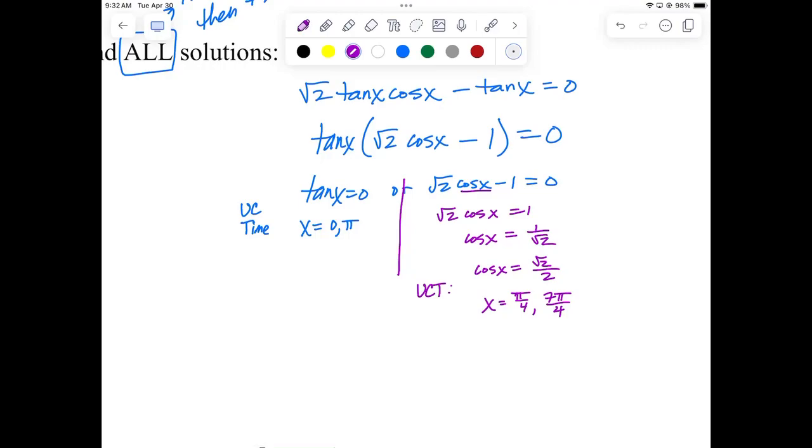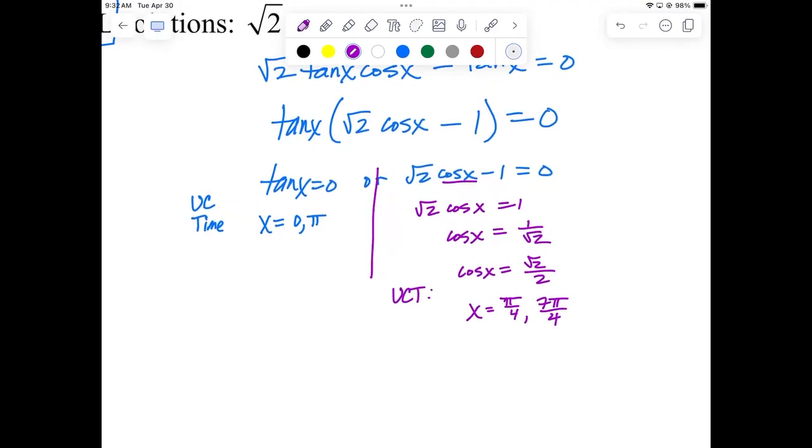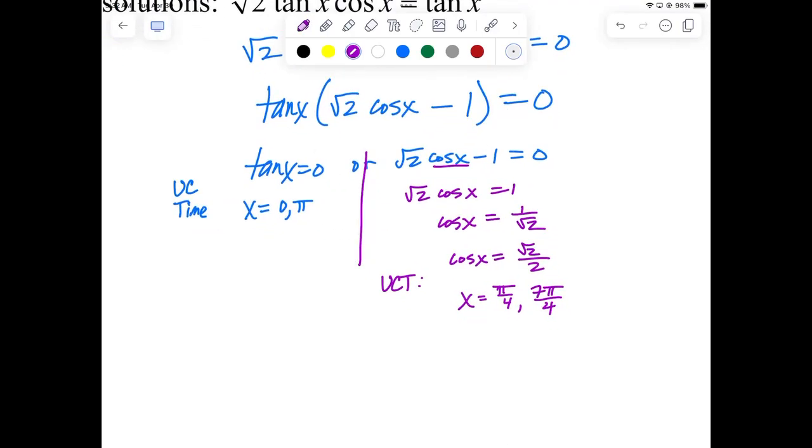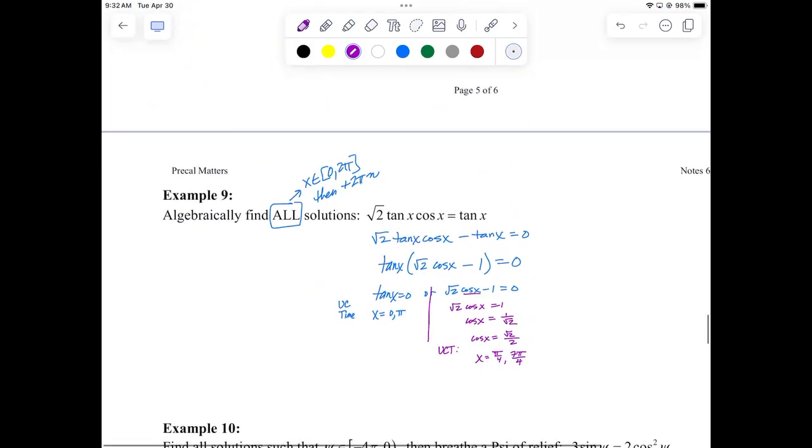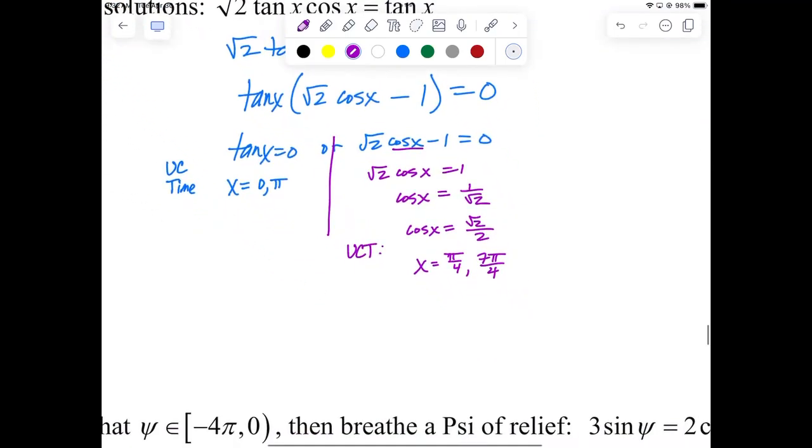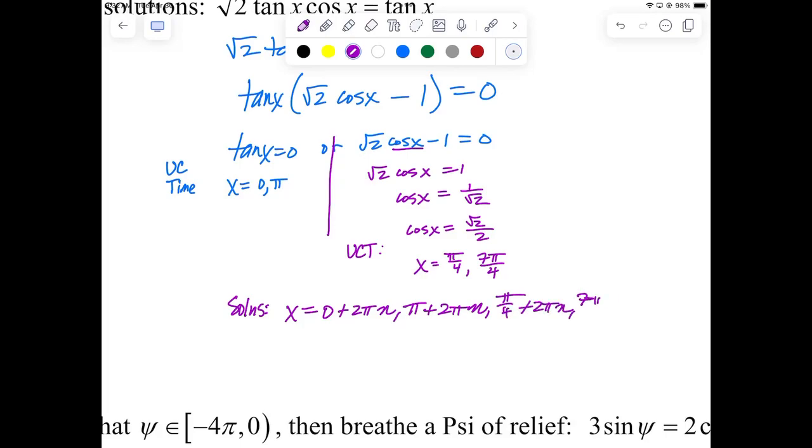So notice I have 4 solutions within one rotation. I wanted all the solutions, right? So that's easy now. I could say the solutions are going to be x equals 0 plus 2 pi n, pi plus 2 pi n, pi fourths plus 2 pi n, and 7 pi fourths plus 2 pi n.